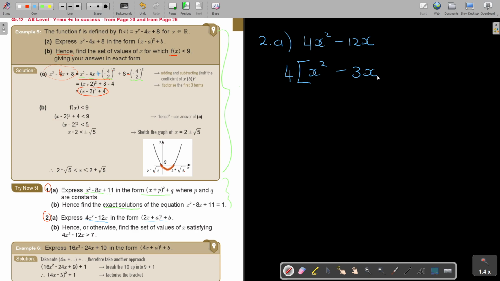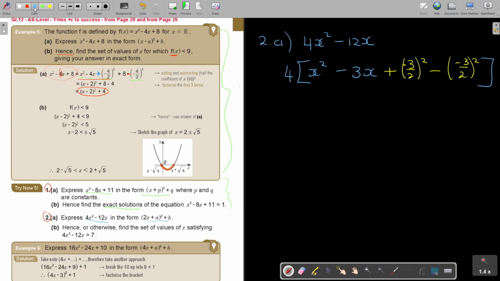Now, there's nothing. So if it's nothing, it's fine. So I'm going to add 3 over 2 or negative 3 over 2, it doesn't matter, squared. And I'm going to subtract negative 3 over 2 squared. So there's just not something to simplify, but I do exactly the same.